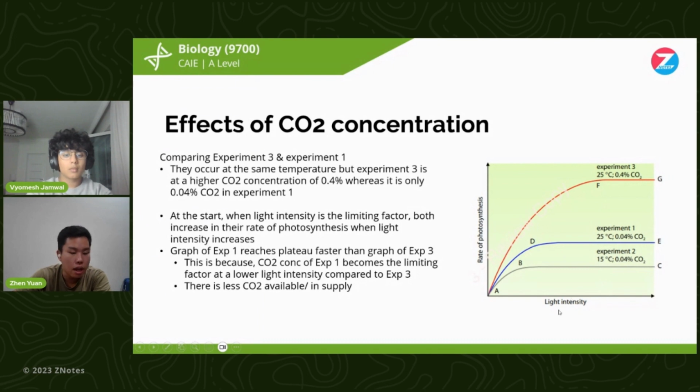This is because your carbon dioxide concentration of experiment 1 becomes the limiting factor at a lower light intensity compared to experiment 3, because carbon dioxide is in much less supply. Yeah, there is less carbon dioxide available in supply.